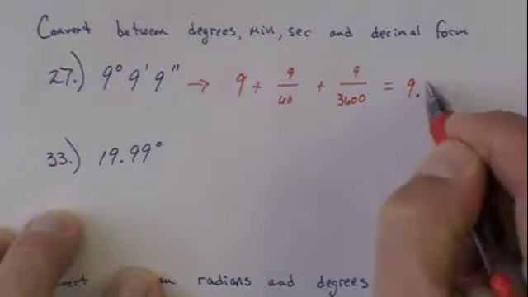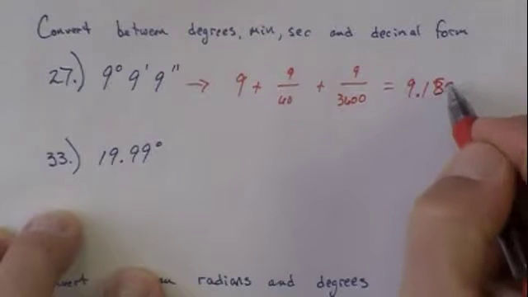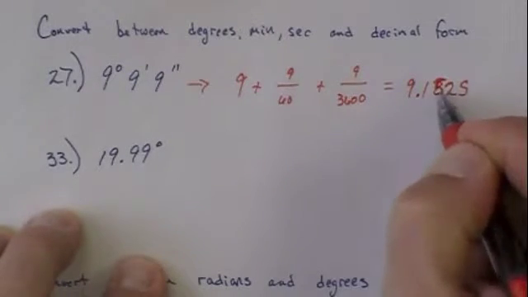This gives us 9.1525 for our decimal form.